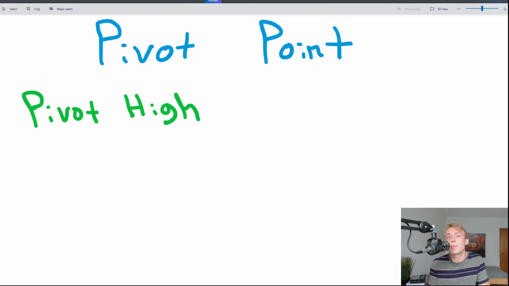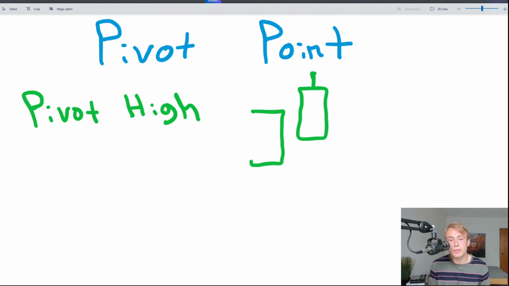Well, a pivot high is, in simple terms, basically a bar that has a higher high than the bar that comes before it and the bar that comes after it. So it could look something like this. We might have a green candle here that looks like this. And prior to the candle, we had another green candlestick right here.